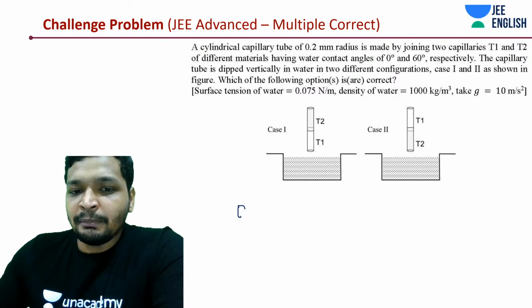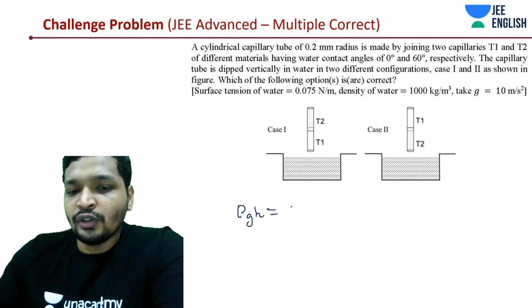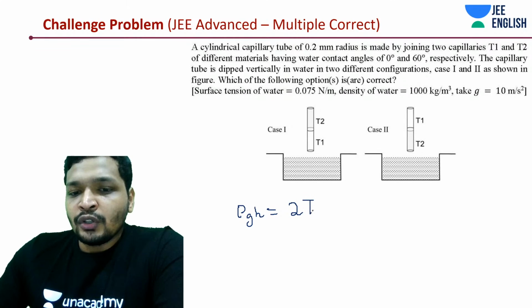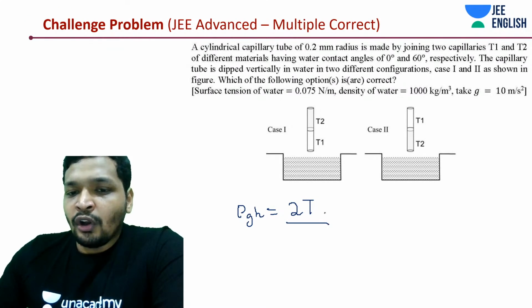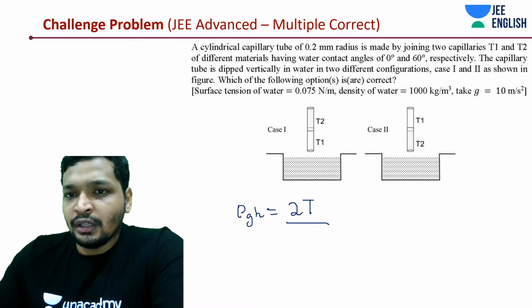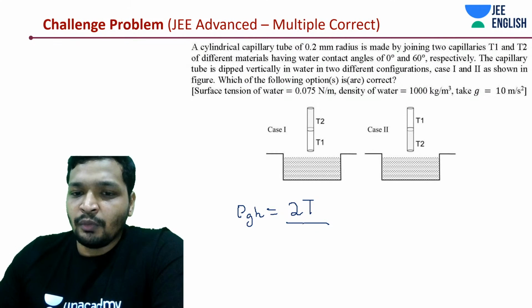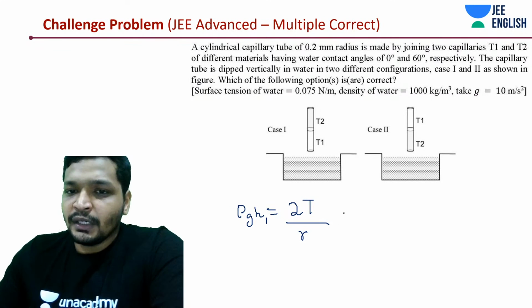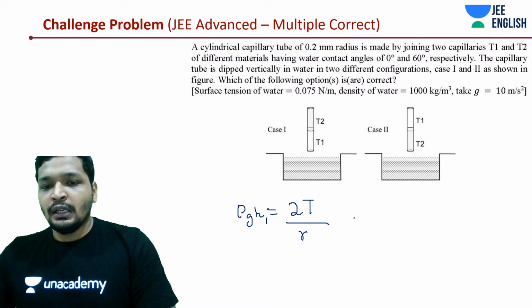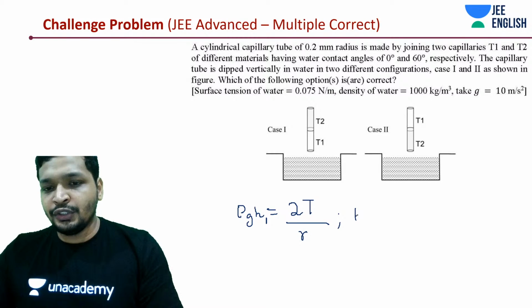So you'll basically balance rho g h is equal to 2T cos 0 by r. Cos 0 is 1, so I'm just keeping it as 1, not writing it down. And this is going to be H1. Okay, let's calculate the value of H1 then.